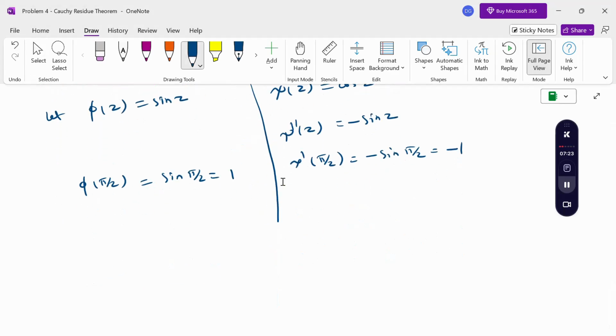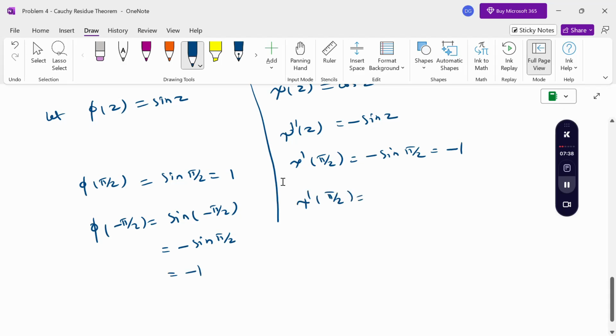Then phi of minus pi by 2 is sin of minus pi by 2; since sin of minus x equals minus sin x, it is minus 1. And psi dash of minus pi by 2 is minus sin of minus pi by 2, which is plus sin pi by 2, that is 1.